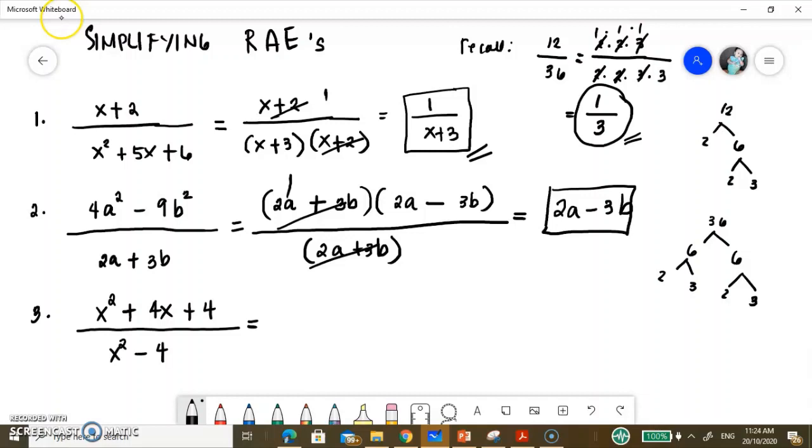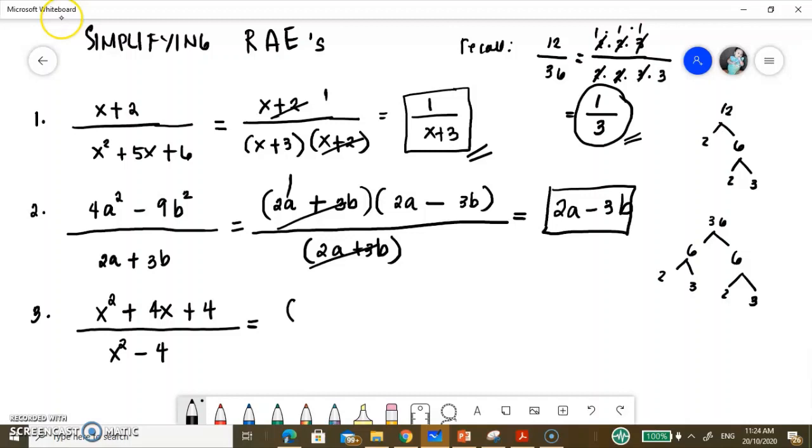Okay? So, yung nasa numerator, that is a perfect square trinomial. How would you know? You get the square root of the first term, that's x, right? Square root of the last term is 2. And then, you multiply the square roots of the first and the last term, it's 2x. Then, you double it or multiply with 2. Twice. Dapat yung gitna. So, 2x times 2 is 4x. So, therefore, this is a perfect square trinomial.